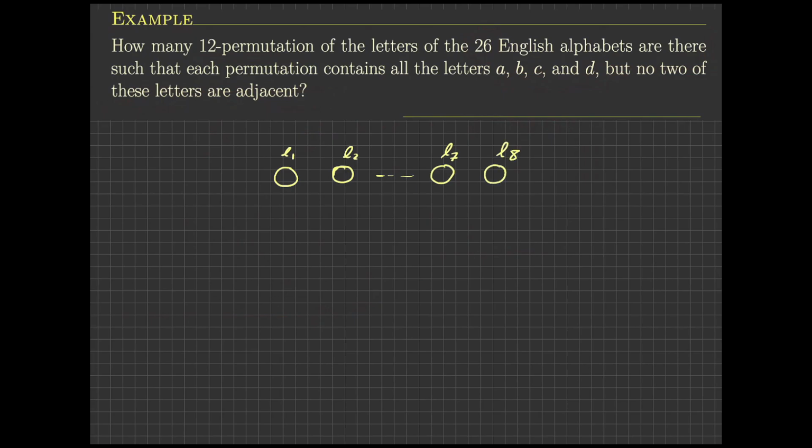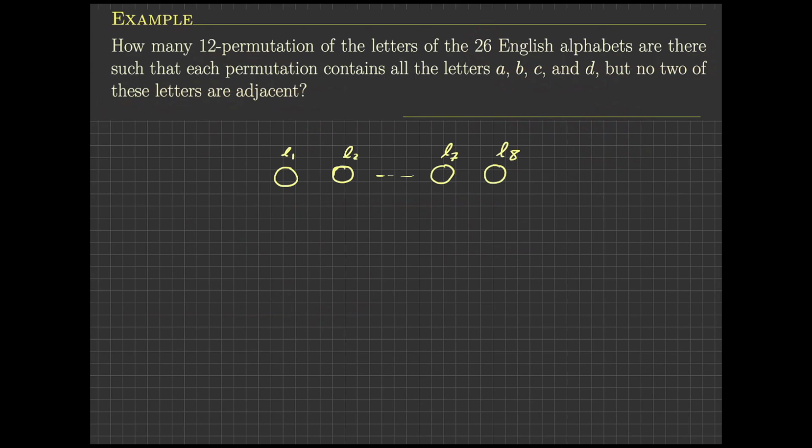Ignore these 4 letters. You have 8 locations, but you have 22 objects. You want to choose 8 of them and arrange them in this row. How many ways can you do that? It's a very standard problem. What is the answer?